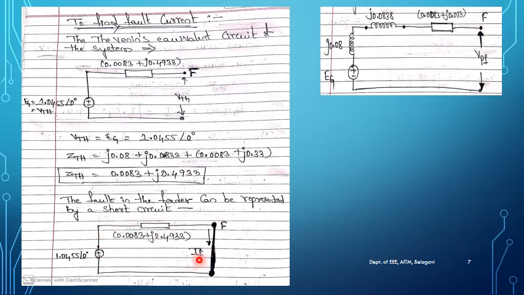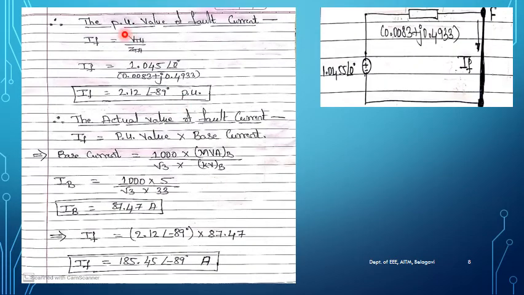According to that, the fault current will be equal to VTH, the Thevenin's voltage, divided by Thevenin's impedance value. These are the Thevenin's voltage and impedance we obtained previously. After substituting these two values, we are going to get the fault current.